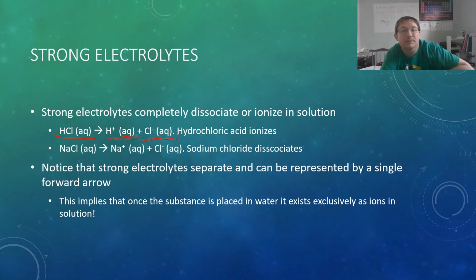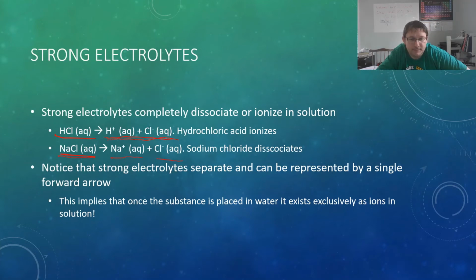You have the ions with the aqueous because that's the physical state written after it. This is hydrochloric acid, which ionizes when placed in water. NaCl, on the other hand, is really the same thing: you see Na plus aqueous plus Cl minus aqueous when it's dissolved in water. This is the way that we would represent it when we're writing ionic equations.